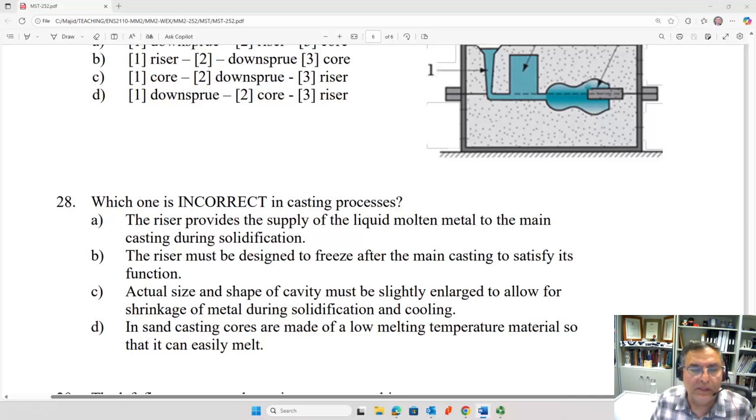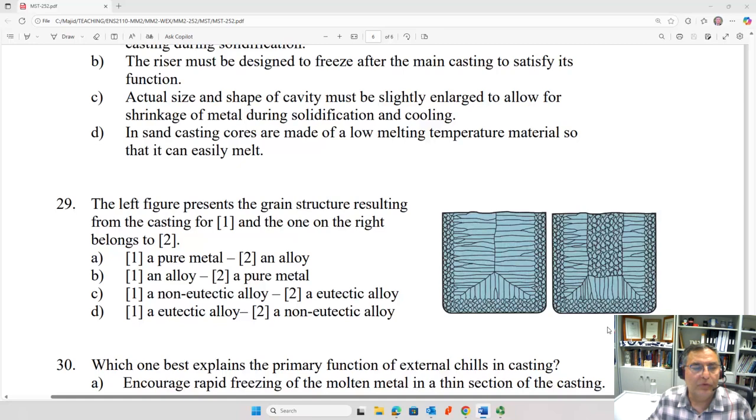C, actual size and shape of the cavity must be slightly enlarged to allow for shrinkage of metal during solidification and cooling. Well, this is also a correct statement. And D, in sand casting, cores are made of a low melting temperature material so that it can easily melt. This is incorrect because we don't want cores to be melted. We want them to be there in order to produce hollow shapes and internal shapes. So D is incorrect.